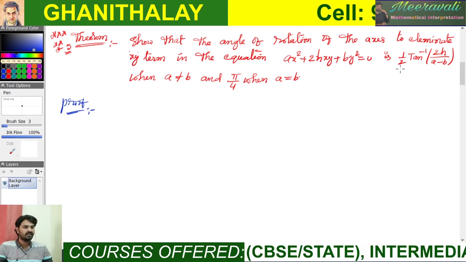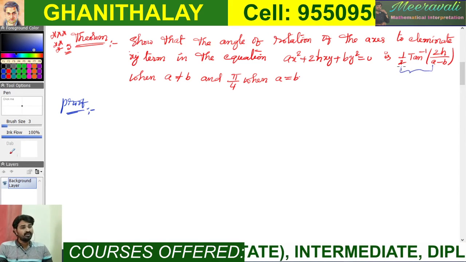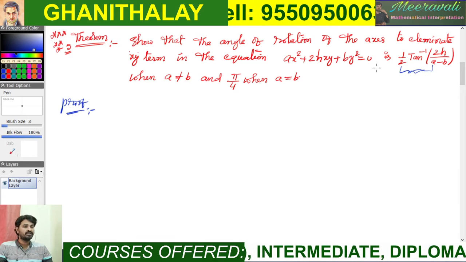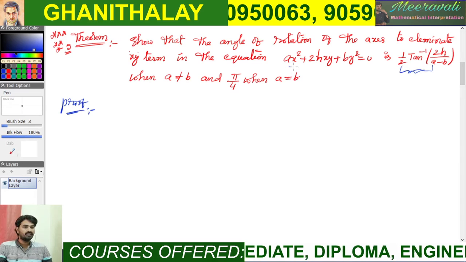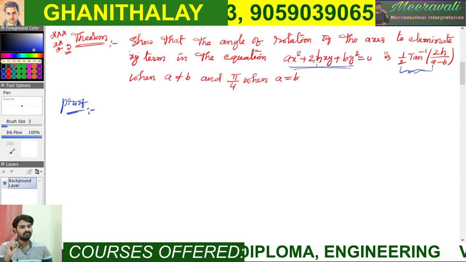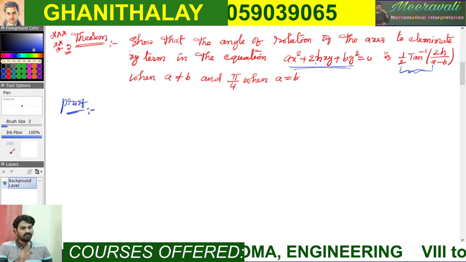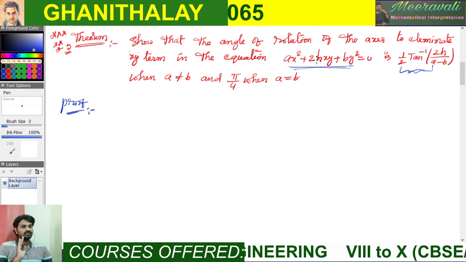So how much is the angle of rotation we have to show? When we have to show the angle of rotation, it is to eliminate the xy term in the equation. In this equation, we can eliminate the x into y term, not the x term, not the y term. So here we are going to eliminate the x into y term.